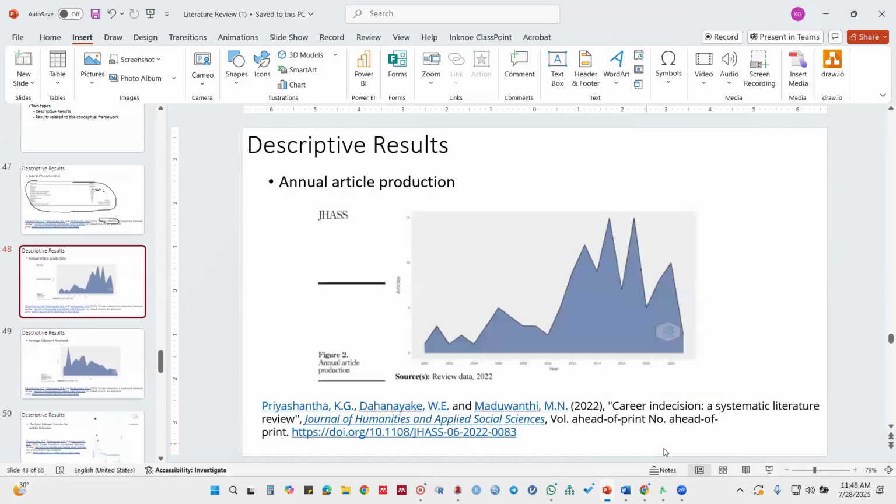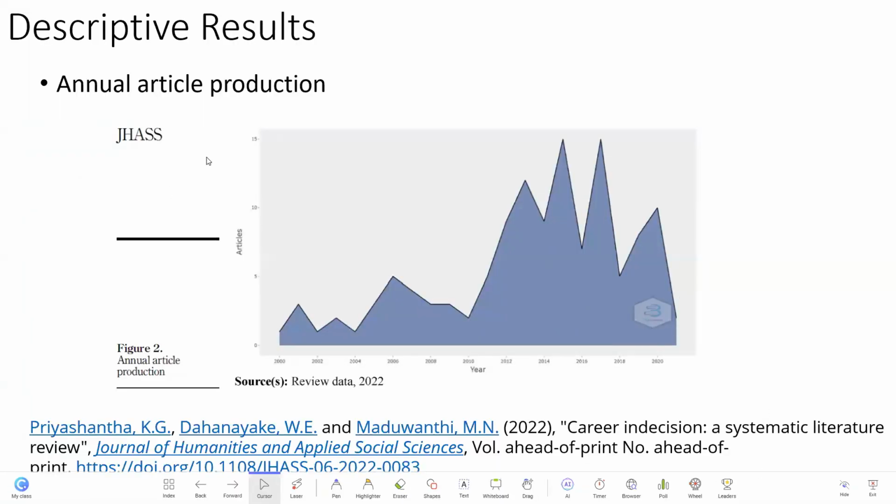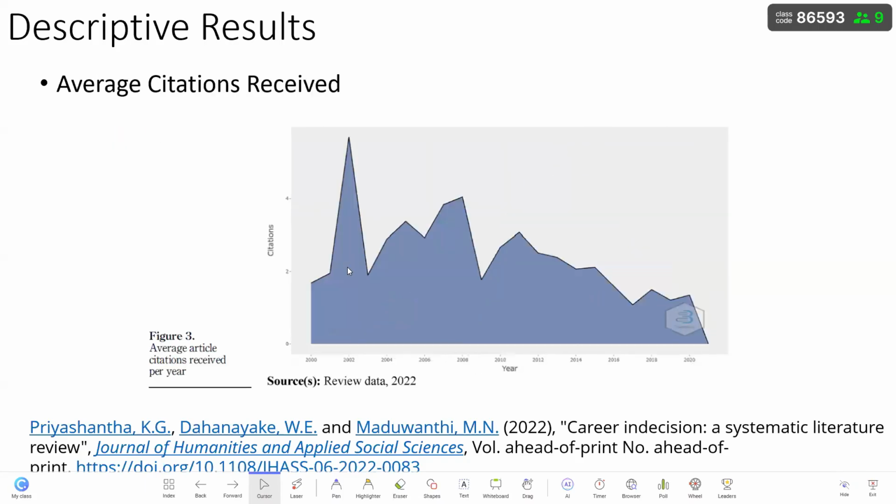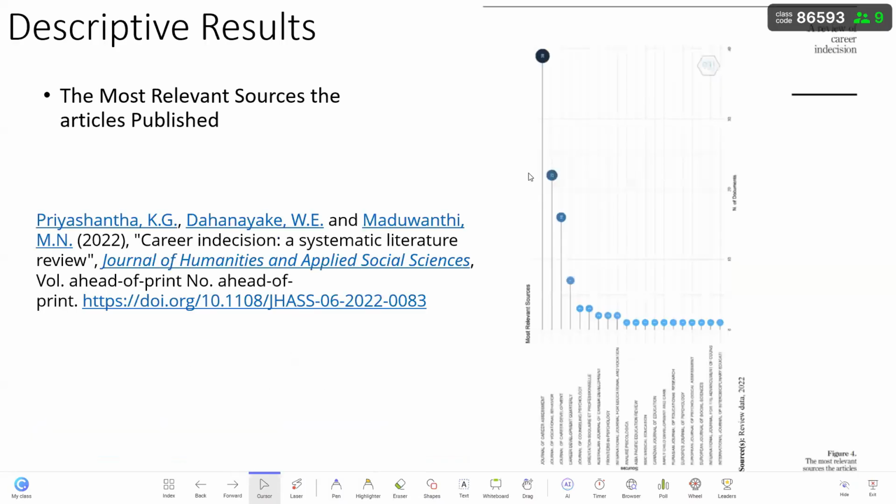Once you download a set of articles regarding a particular topic, you present descriptive results, such as annual growth rate. If you take the year range, the articles published between 2000 and 2022, that is the reference year range. During that period, how many articles were published is given here. Also the average citations received and the sources, which journals publish them, can be presented.